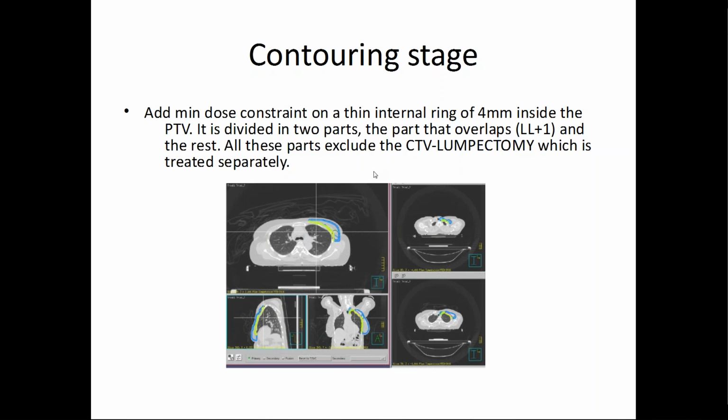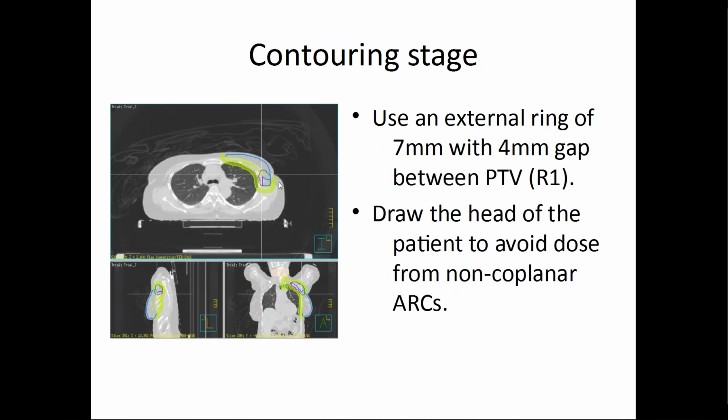I separate between the part that is near the lung and the other. To control the dose outside the target, I use a 7 mm ring with a small gap between the target and the ring of 4 mm.